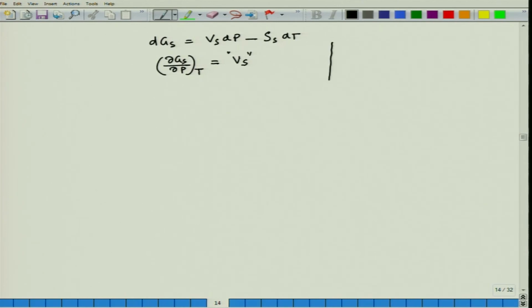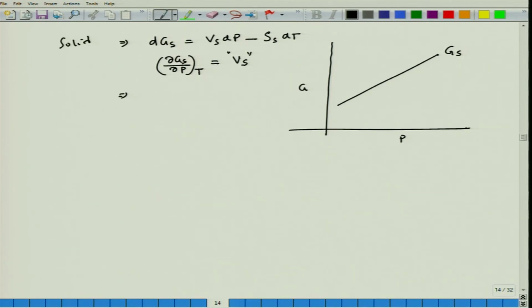So, if I plot that variation with pressure, I will get a plot like this, which is G of solid. And now, in case of liquid, I will see dG liquid equals Vl dP minus Sl dT, then (dGl/dP) at constant T equals Vl.